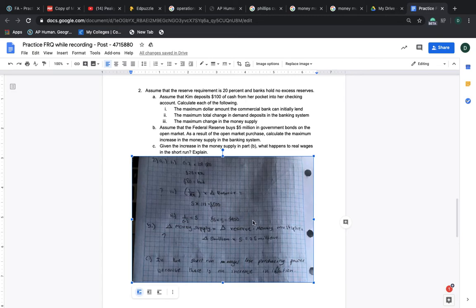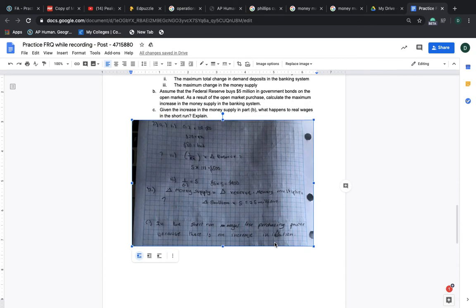So I found out that the change in reserve is given, so it's 5 million, and the money multiplier we already got up here, and it's 5, so it's 5 times 5 equals 25 million. So that will be the change.